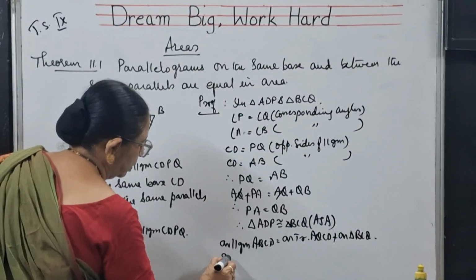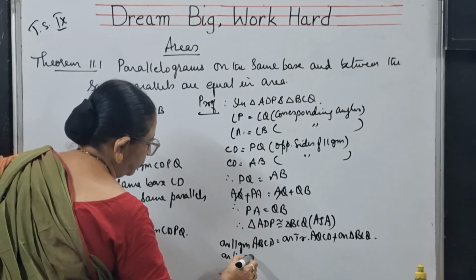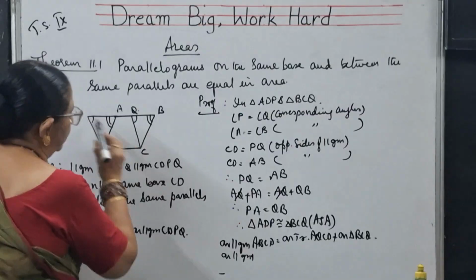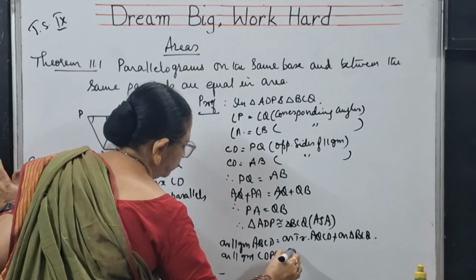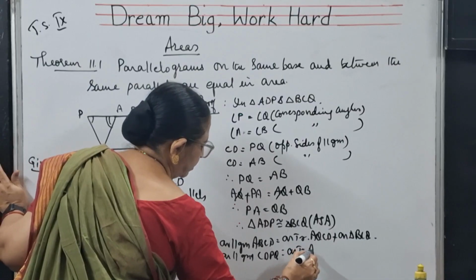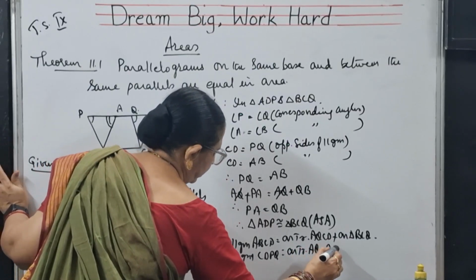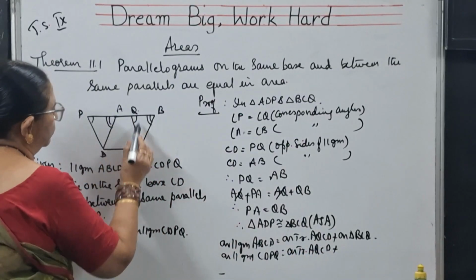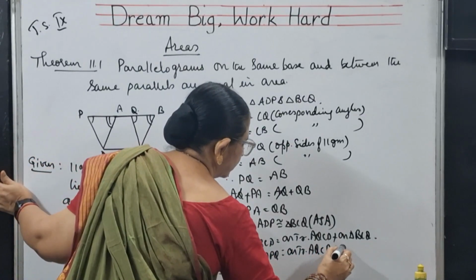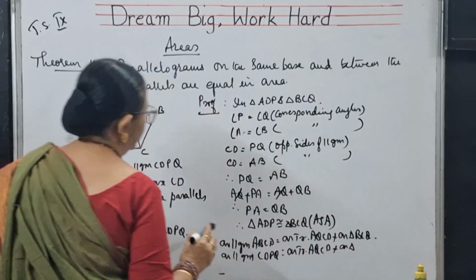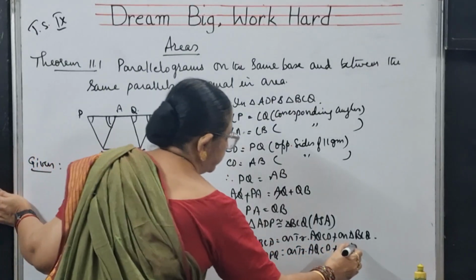Similarly, area of parallelogram CDPQ is equal to area of trapezium AQCD plus area of triangle ADP.